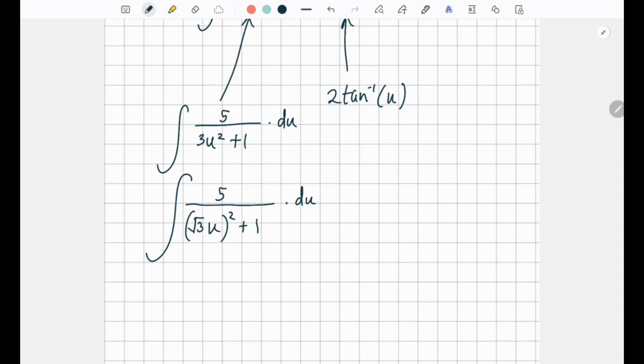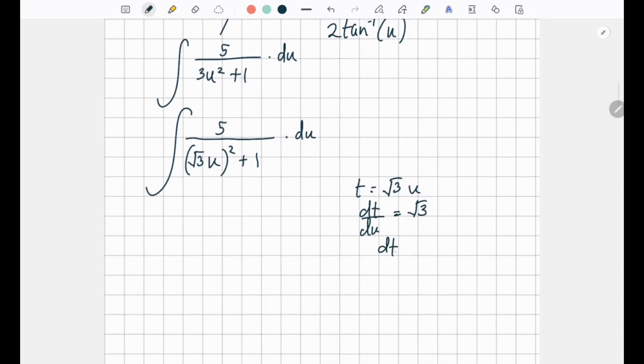And then you could take a substitution of t equals root 3 u. So then dt over du equals root 3. So then dt over root 3 equals du.